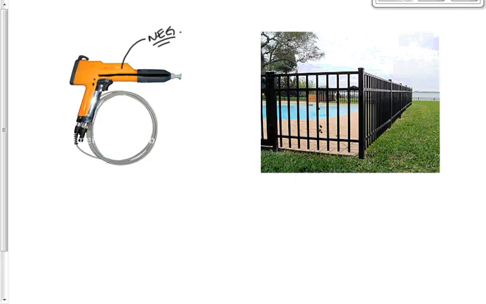I got a neutral molecule of paint. I got a negative rod that this neutral molecule of paint goes past. What happens? Bryce? Paint becomes negative, right? All right, so the paint becomes negative. Now you got all these negatively charged paint droplets coming out here.